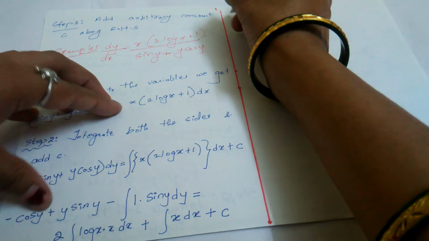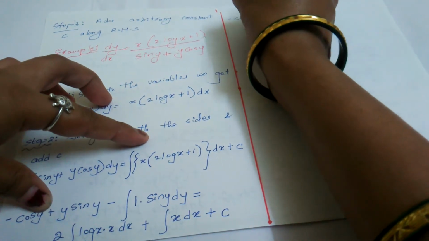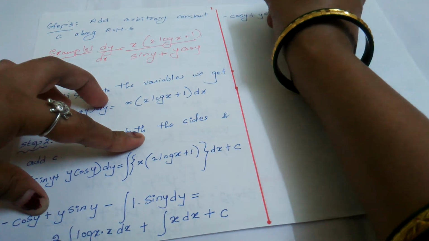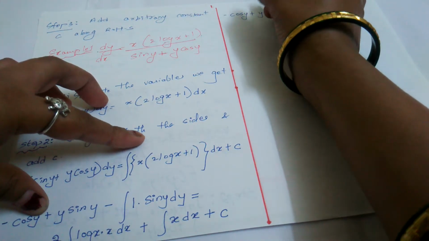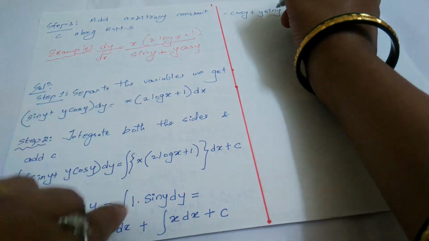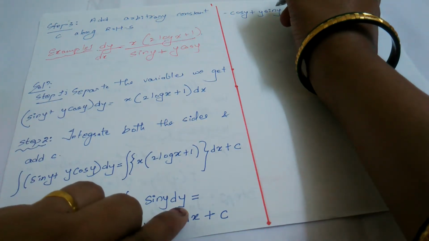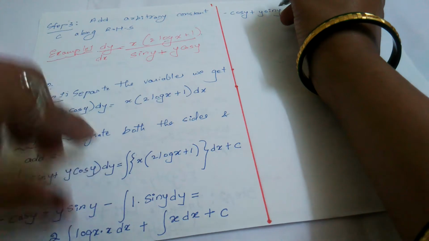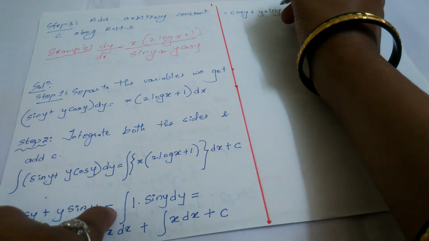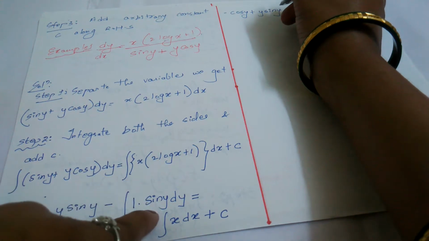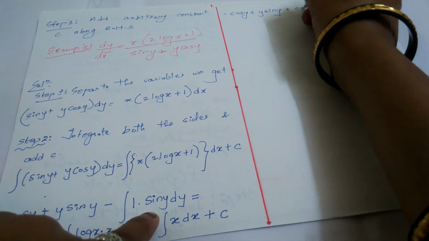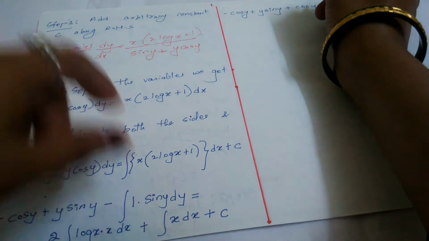Now I'll solve these three integrals. Minus cos y plus y sin y, and the integral of sin y dy is minus cos y, so this minus becomes plus cos y.